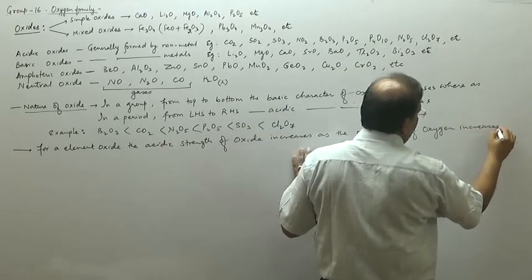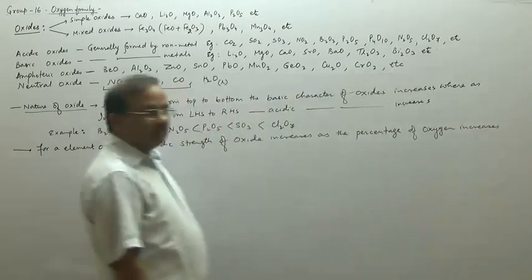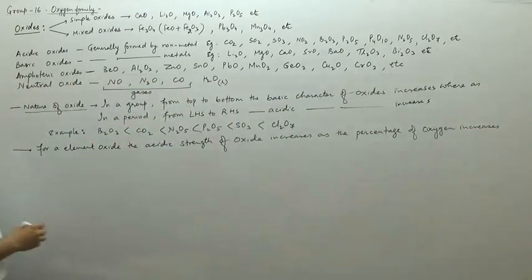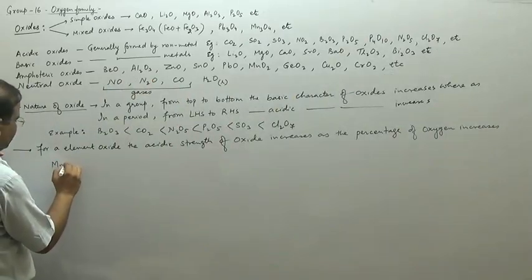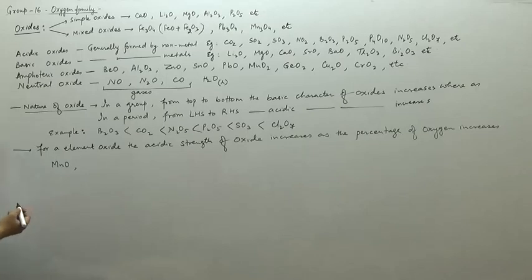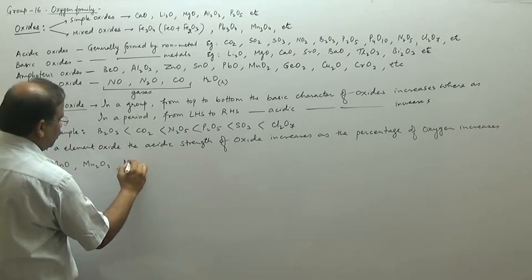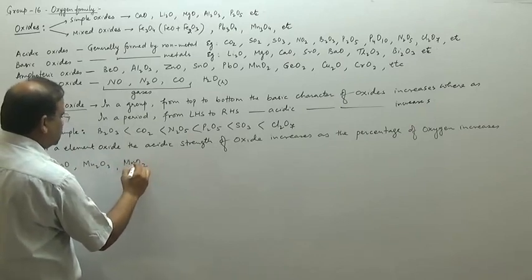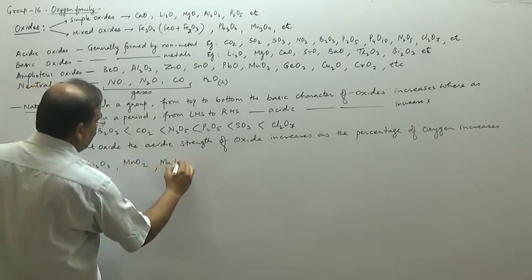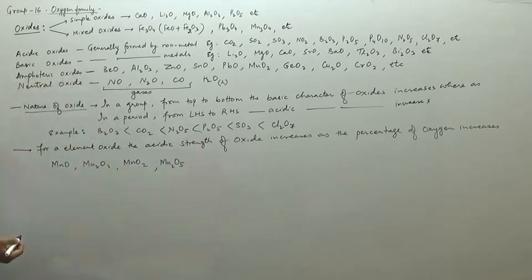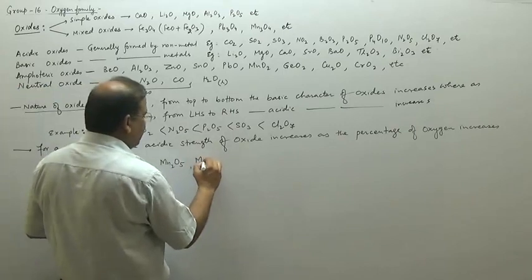Let us check how we are going to write that. Suppose we talk about the element Mn. I'm going to write some of its compounds: MnO, Mn2O3, MnO2, Mn2O5, Mn2O6 and Mn2O7.